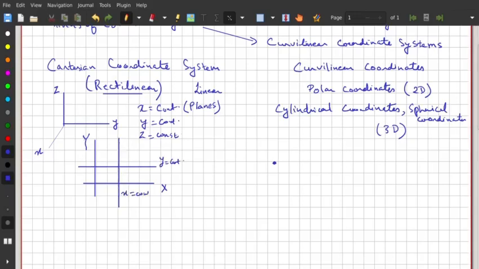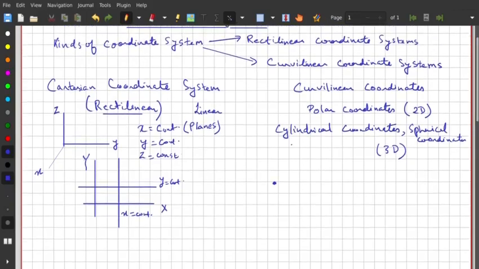Okay, so as you can see, these are straight lines, linear, and also they are orthogonal.